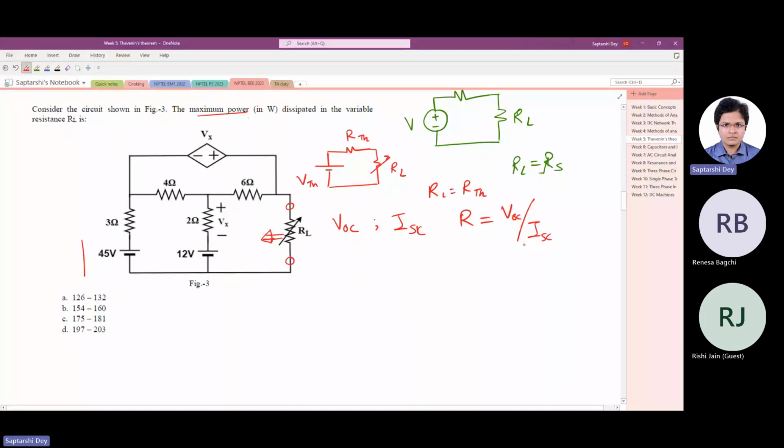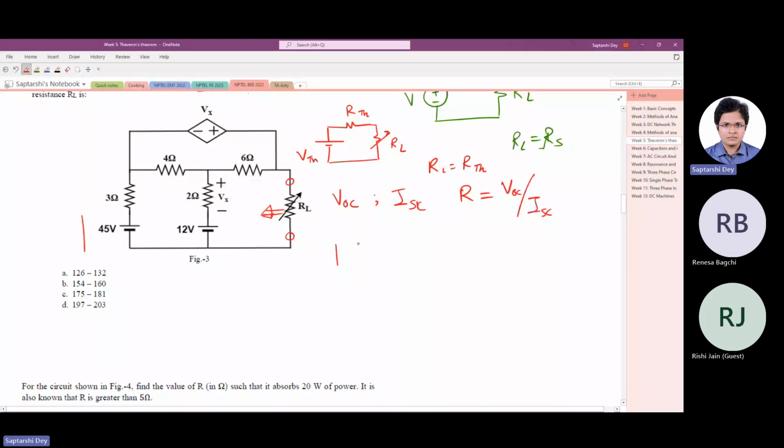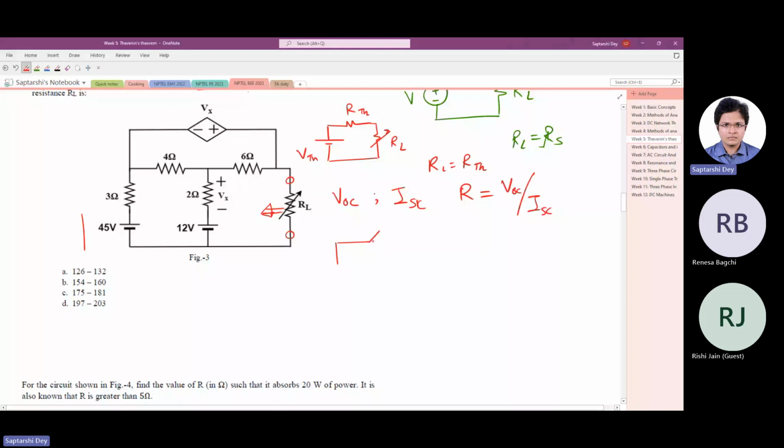Now let us draw the circuit once again. It looks like we have to apply node analysis. If you draw the circuit, you can identify the nodes.